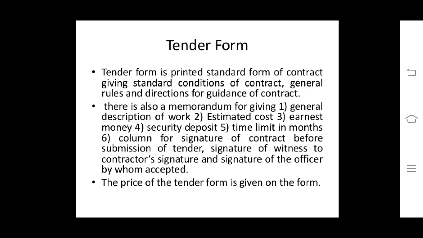It is also a memorandum for giving general description of work, estimated cost, earnest money, security deposit, time limit in months, column for signature of contractor before submission of tender, signature of witnesses to the contractor's signature, and signature of the officer by whom it is accepted. The price of the tender form is given on the form.